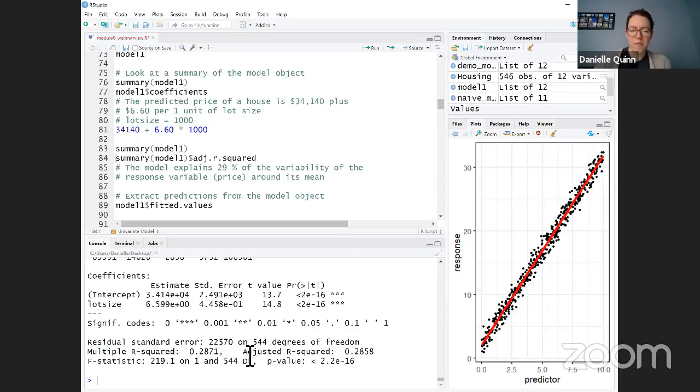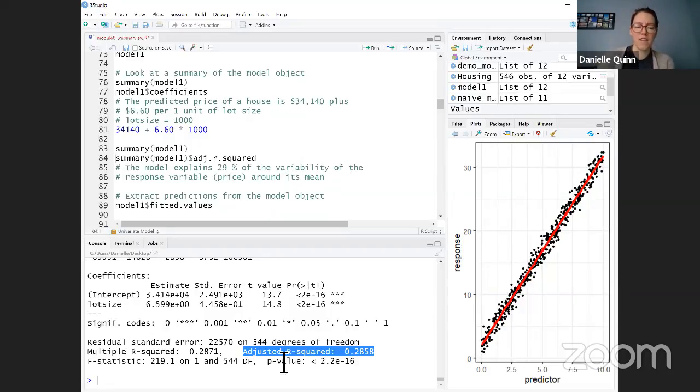As a rule of thumb, you want to use the adjusted R squared value. As you start doing multivariate models, the adjusted R squared helps account for the fact that there are multiple predictors and higher degrees of freedom. So it's a good practice to get used to pulling out the adjusted R squared.